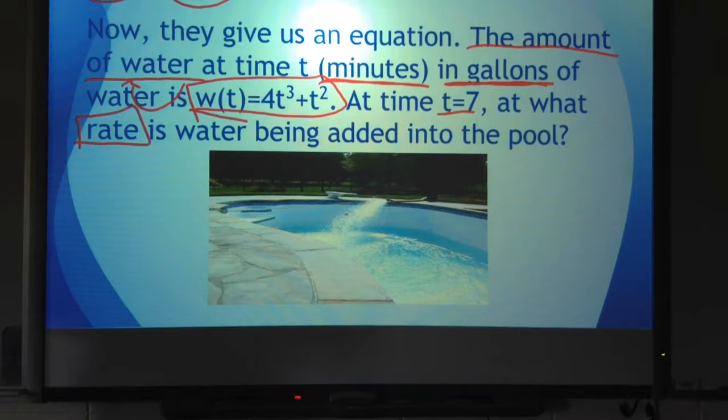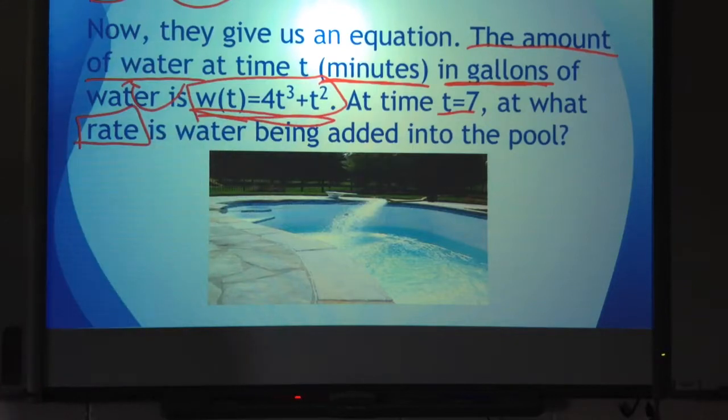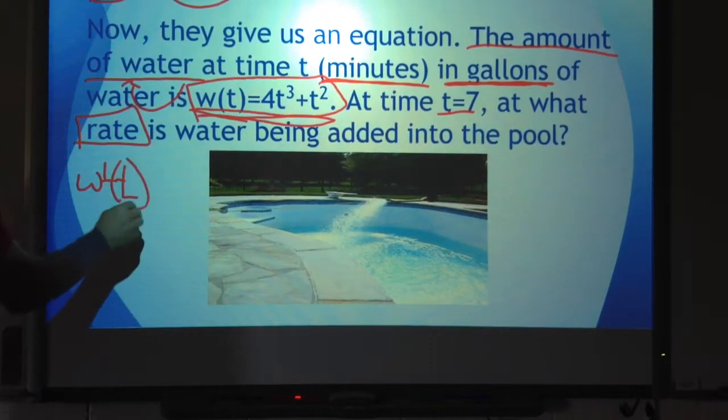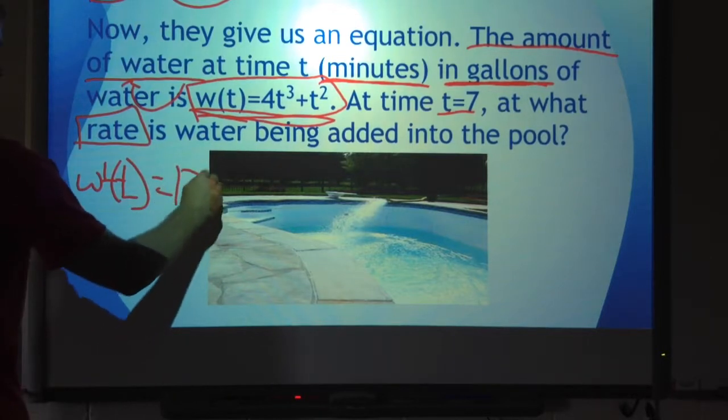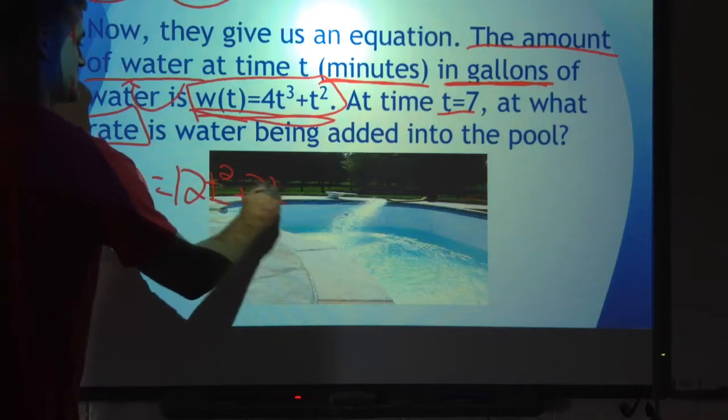An easy way to find velocity is going to be taking this and taking your first derivative. Now, this is an easy one because the numbers are fairly simple. So you're going to have W prime of t equals 12t squared plus 2t.